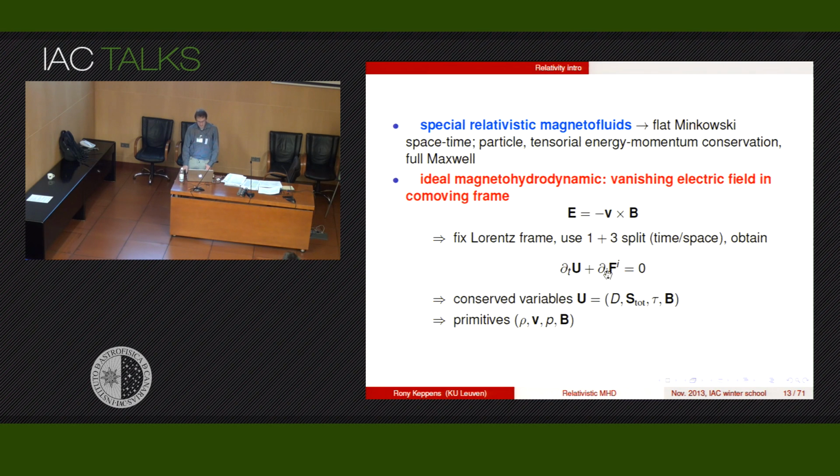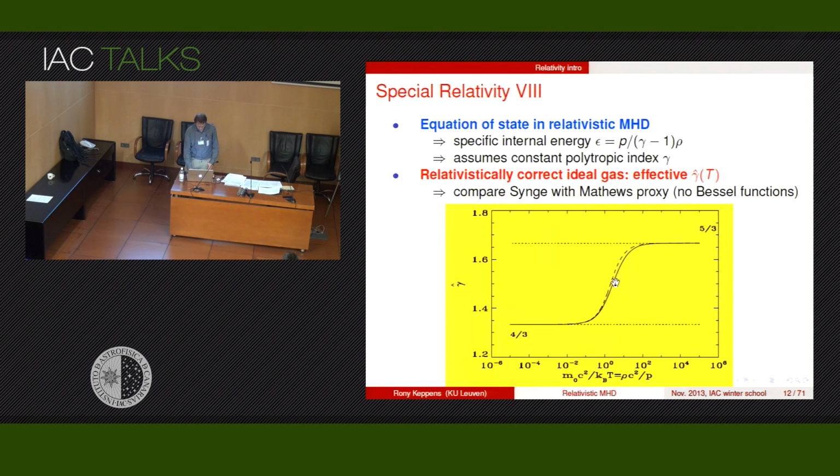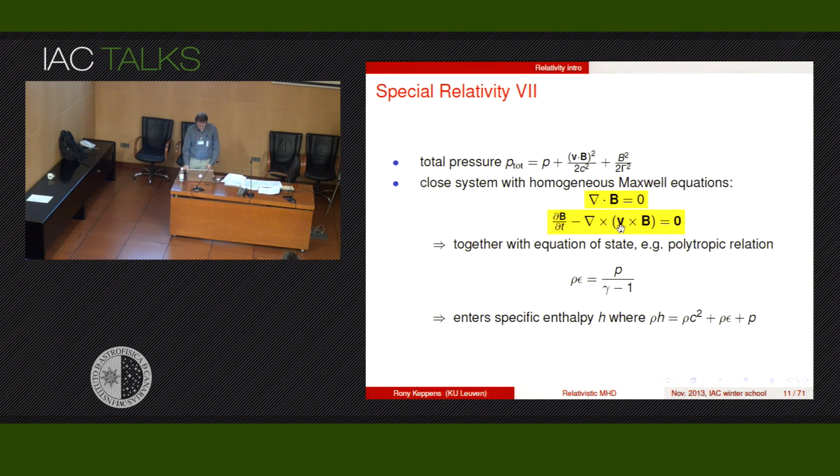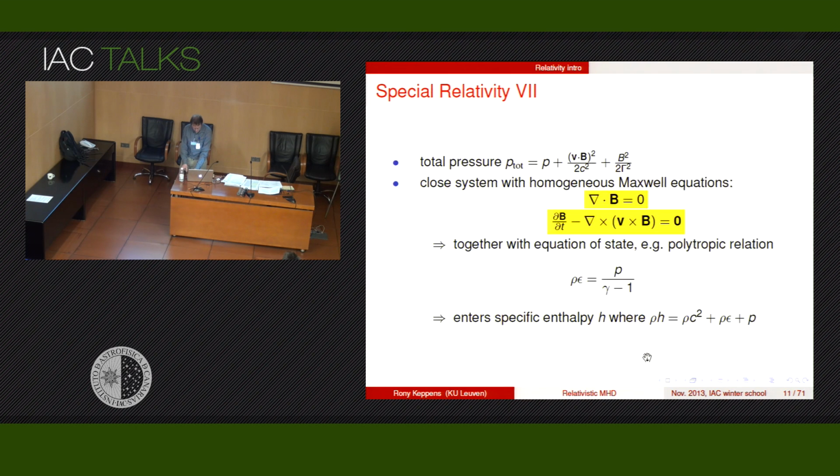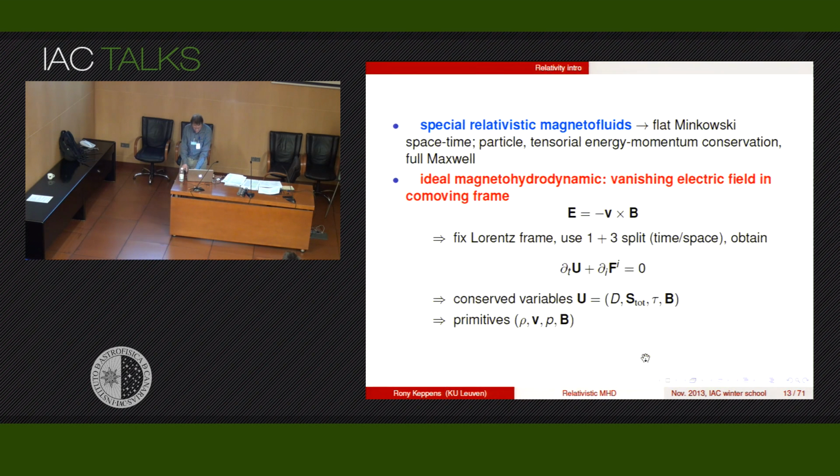And these fluxes, I have expressed them here, V cross B, and then these expressions. So the point is that whereas in Newtonian MHD, the difference between what is known as conservative versus primitive variables is almost trivial, it's just an algebraic relation between them.